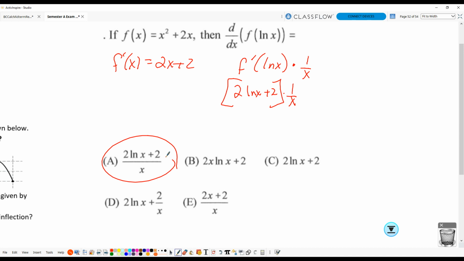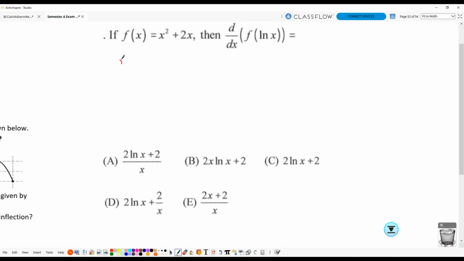Because there's two functions. Oh, this said f of another function. It's not f of 2, it's f of some other function. So this is one way to have done that. Some people did this differently yesterday, and they said, I am going to find the function with ln x in it.